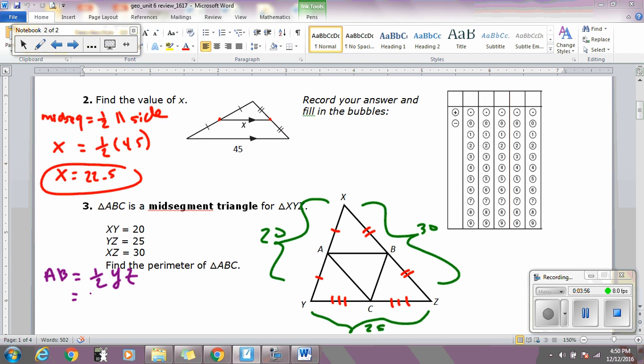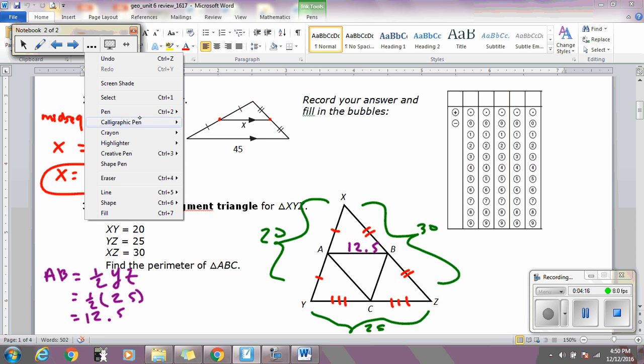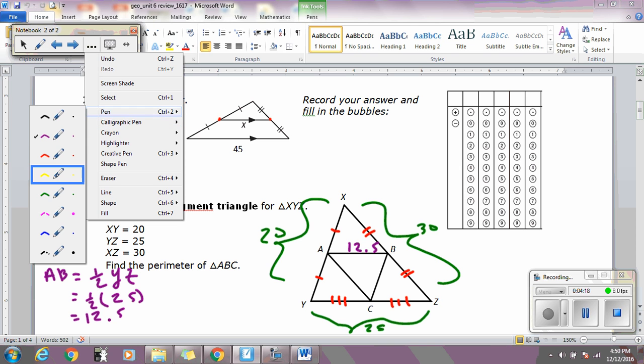So that means it's 1/2 of 25, which would make it 12.5. So AB is 12.5. Now I can find the other mid-segments using the same rule.